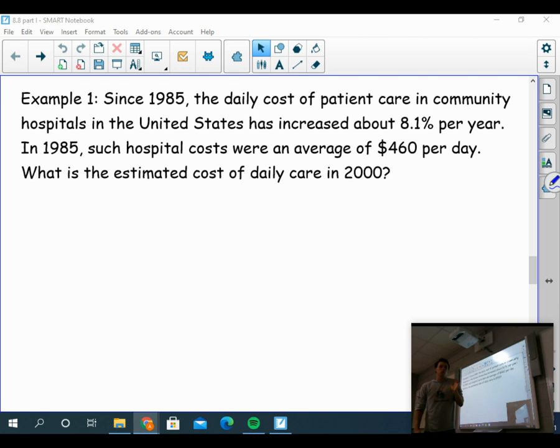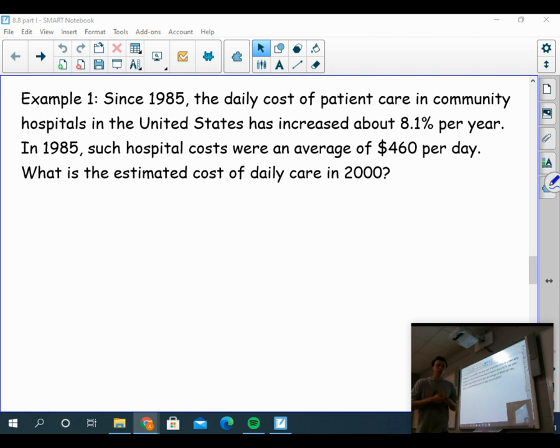Hopefully by this point you've seen the Florida problem explaining some of the ideas behind our exponential growth and decay formula. Hopefully, too, you have also seen the 8.8 part 1 instructional video where we dig into what the formula is and how it is different than the general exponential formula.